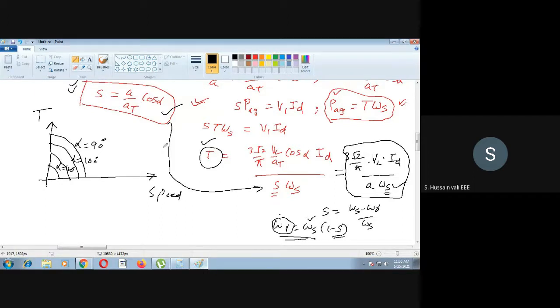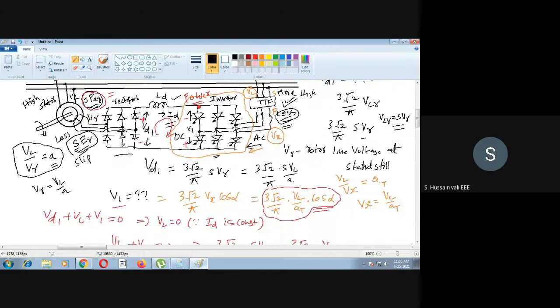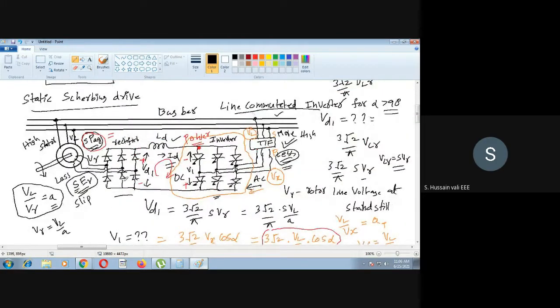I will draw another circuit diagram, for the same static Scherbius drive, but only one change I will make. Instead of having the uncontrolled rectifier here, we will have a controlled rectifier.